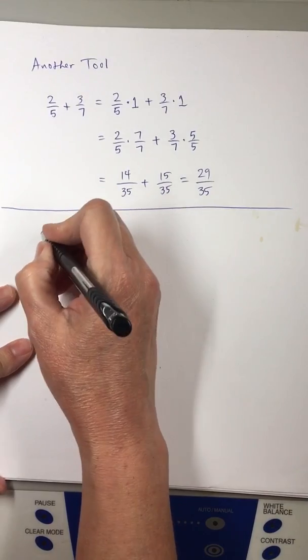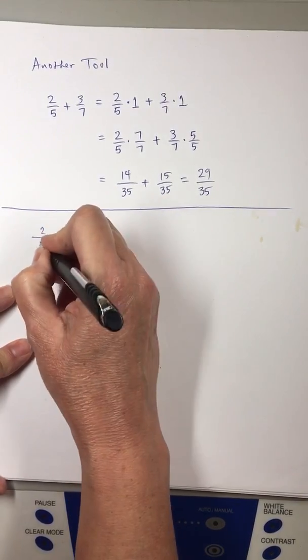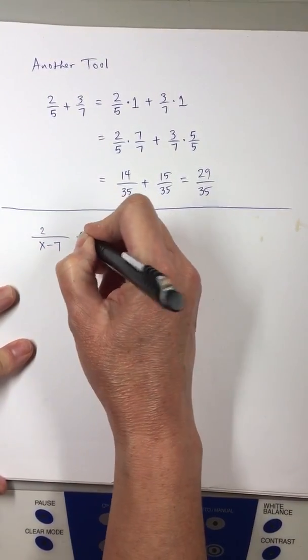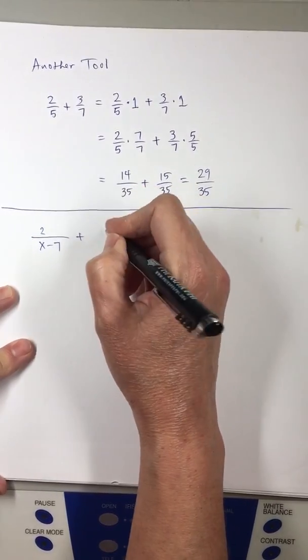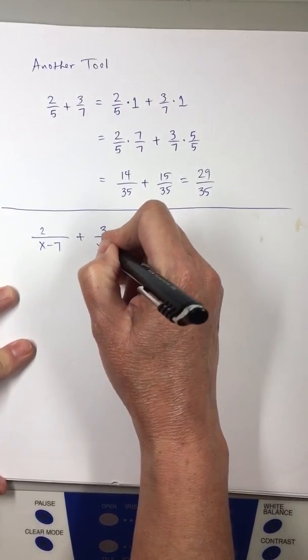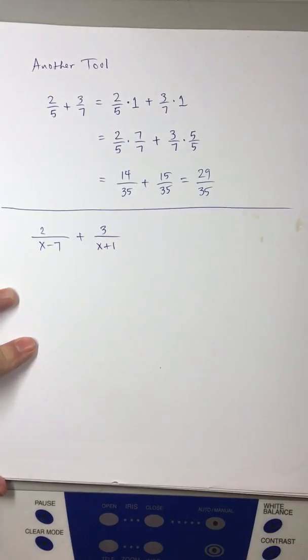So for this one, I'll do 2 over x minus 7 plus, let's make it a 3, 3 over x plus 1. Now, if you're going to have to take a single fraction and back it up to what two fractions added to it, you have to know the steps to go the way I'm about to go for this problem.